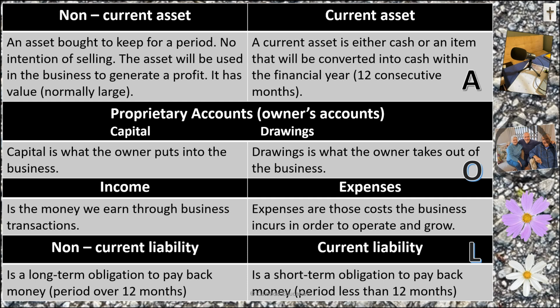On this slide, I have a summary of all the definitions I have just explained. We have our assets, non-current and current assets. Then we have proprietary accounts, capital and drawings. And this here, remember, is owner's equity, consisting of capital, drawings, income, and expenses.